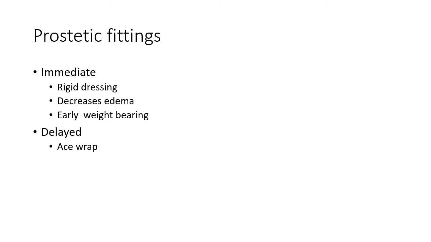For prosthetic fittings, as an immediate measure you can use rigid dressings, and these rigid dressings will decrease the edema. We are also preparing this patient for early weight bearing. This type of rigid dressing decreases edema as well as protects and shapes the limb.